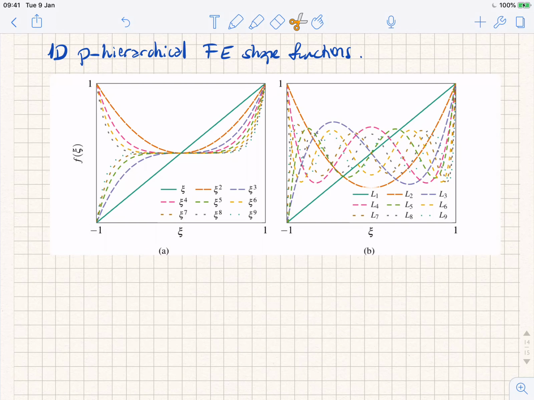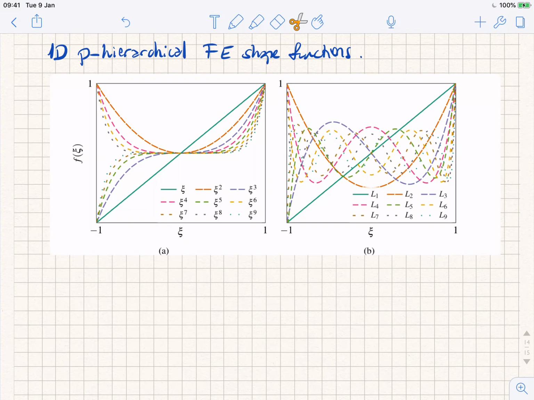What happens to those functions as you are increasing the order of the monomials? Yeah, they start to deviate more from the linear. But if you take, for example, the linear and the quadratic, but then you take the power of 8 and the power of 9, what is the difference there?